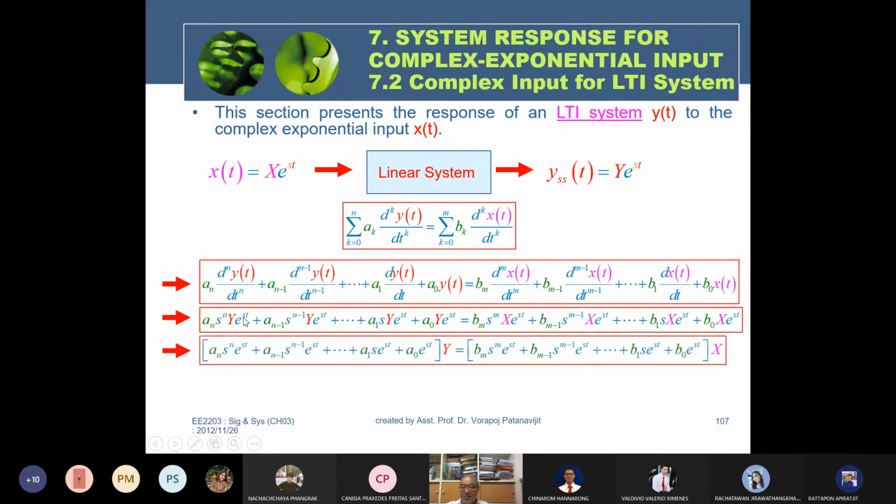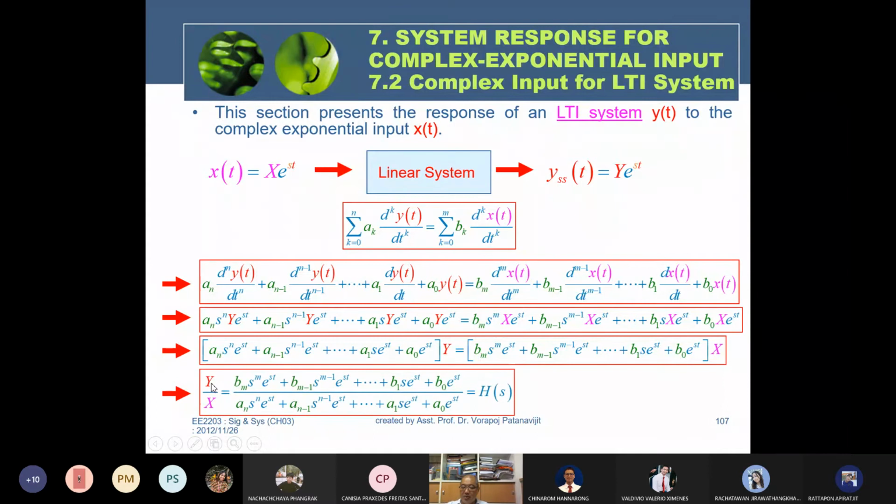Therefore, the ratio between the output and the input gives you the system function in the Laplace transform domain, the s domain, here.